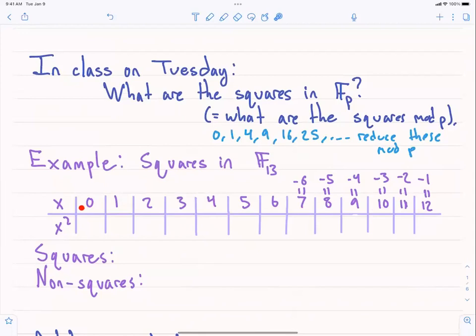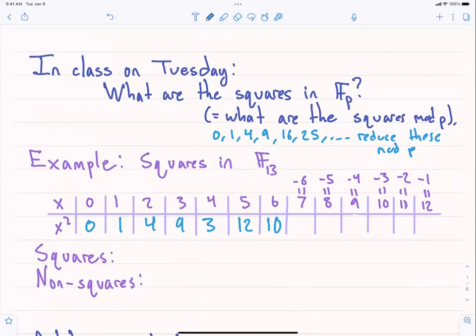Here x is an element of F_13, and in the bottom row I'm going to write the square of it. 0 squared gives 0, 1 squared gives 1, 2 squared gives 4, 3 squared is 9. 4 squared is 16, but working mod 13, that becomes 3. 5 squared is 25, again mod 13, that becomes 12. 6 squared is 36, and 2 times 13 is 26, plus 10 is 36, so 36 is 10 mod 13.